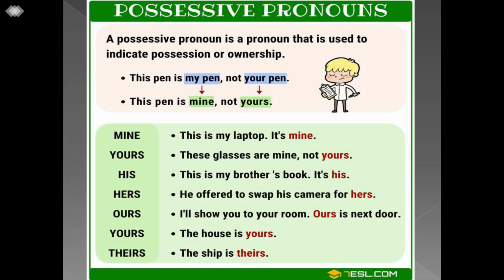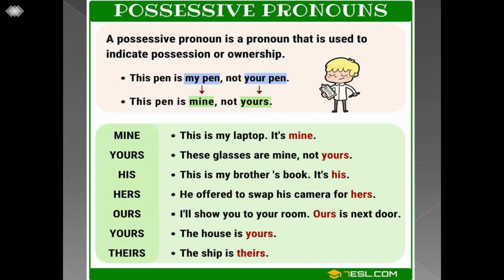Here are some examples of possessive pronouns, and how to use these words in a sentence. Mine, yours, his, hers, ours, yours, and theirs are some examples of possessive pronouns. This is my laptop. It's mine. These glasses are mine, not yours.